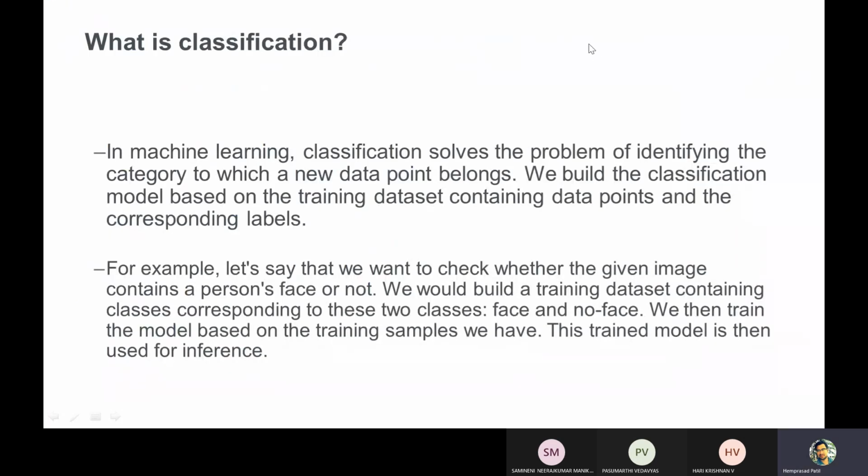For example, let us say that we want to check whether the given image contains a person's face or not. Okay, so this is another problem. Face is there or not. So two classes: face is present or face is absent. So we would build a training data set containing classes corresponding to these two classes.